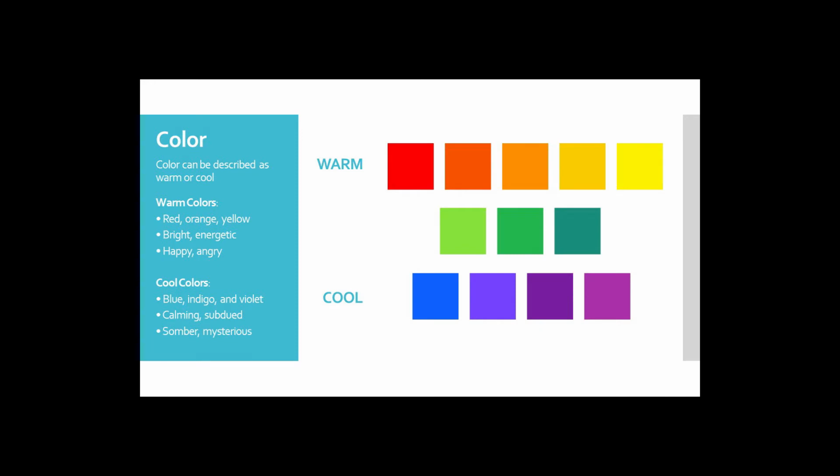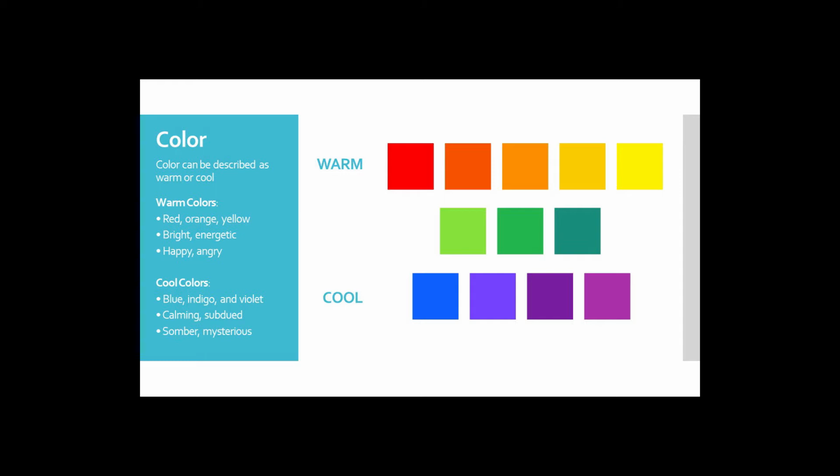Color can be described as warm or cool. Our warm colors are red, orange, and yellow. They are typically bright and energetic. They can be angry, they can be happy, high energy emotions. And then we've got our cool colors, which are blue, indigo, and violet.